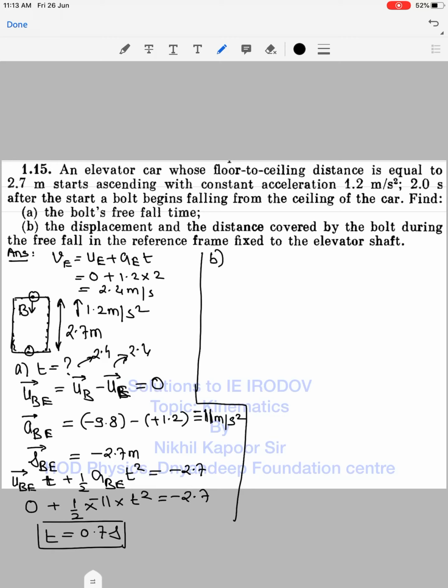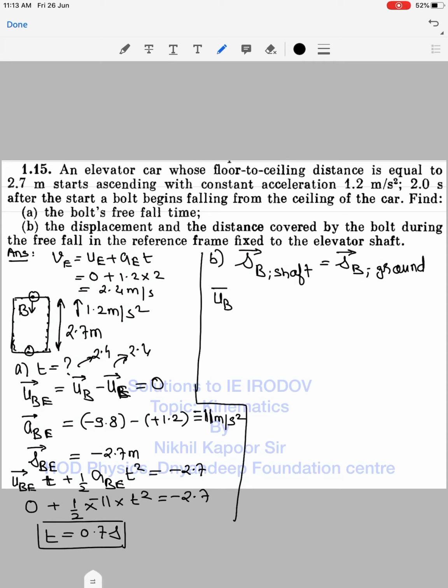Now for the b part we need to find the displacement. So we need to find the displacement of bolt with respect to shaft, and shaft is at rest, so obviously it is the displacement of bolt with respect to ground, and we know that displacement is the shortest distance between initial point and final point.